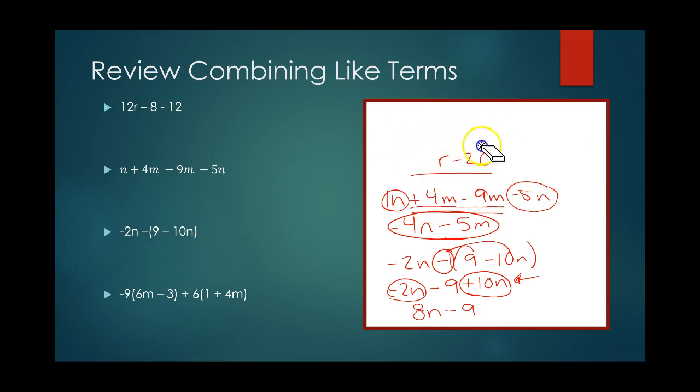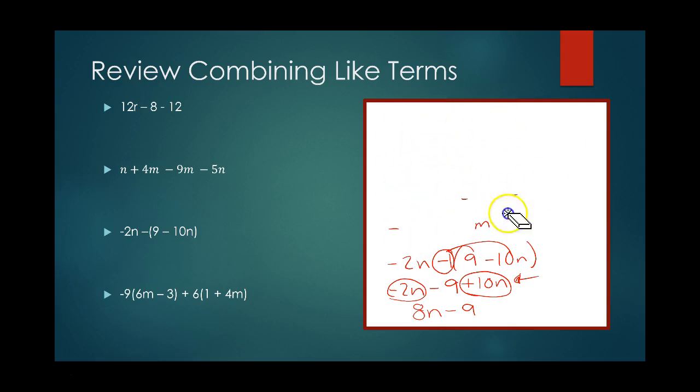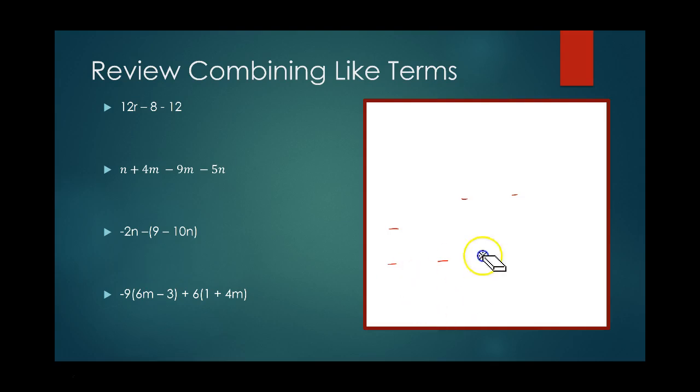All right, this last one has two sets of parentheses, so we'll distribute them in the same step. So we'll distribute this negative 9 to the first, this positive 6 to the second.